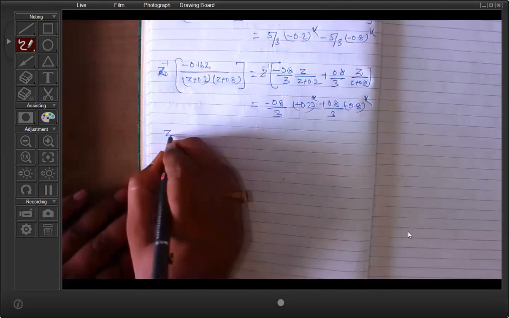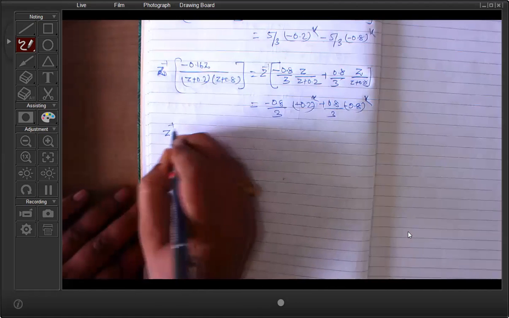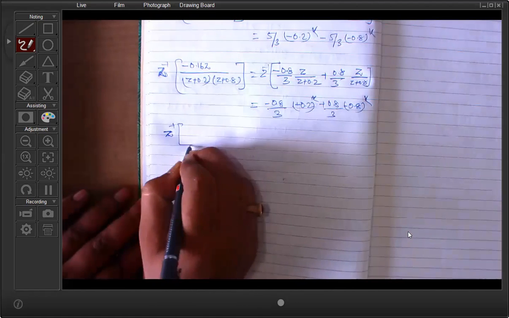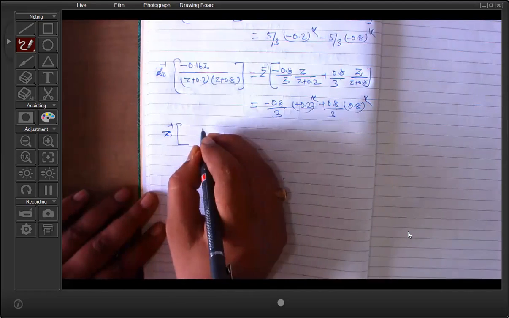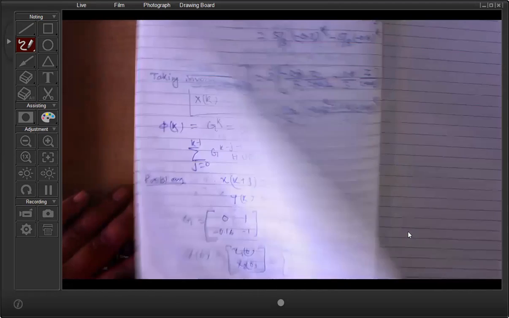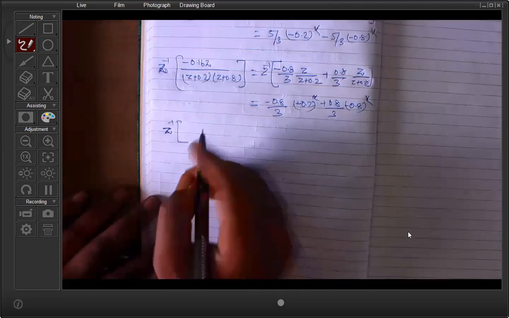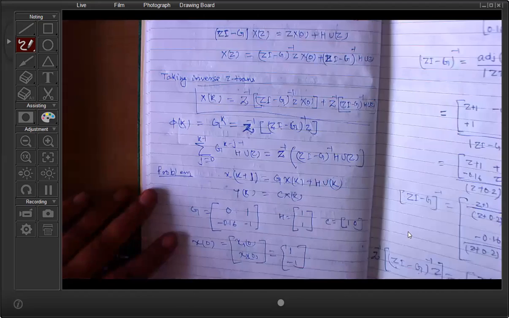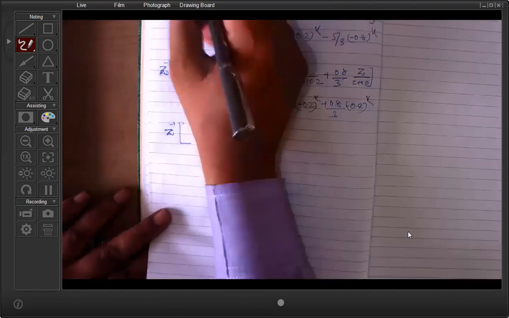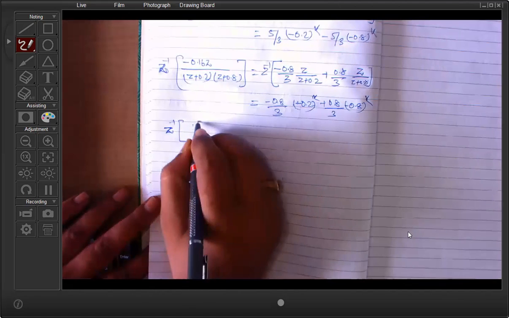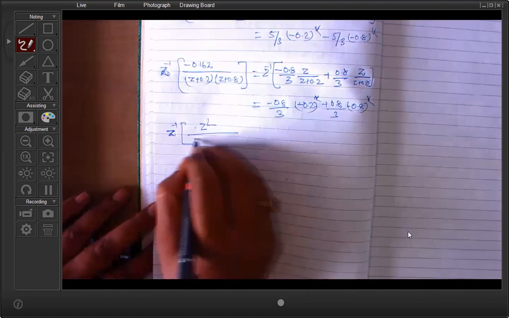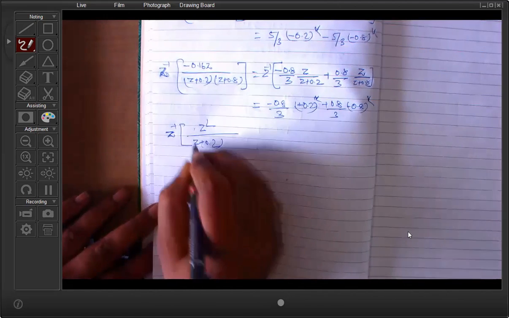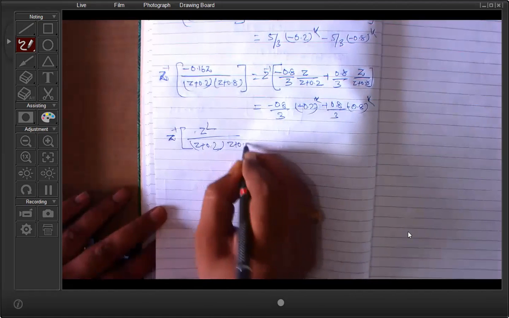Okay, and the fourth term: you have to find out the inverse z transform of the fourth term. What was the fourth term we had? The fourth term is z square, sorry, the second term was only z, and z square by z plus 0.2 into z plus 0.8.